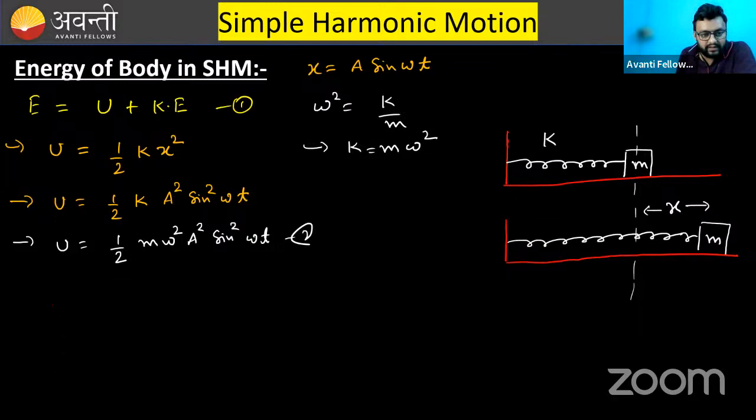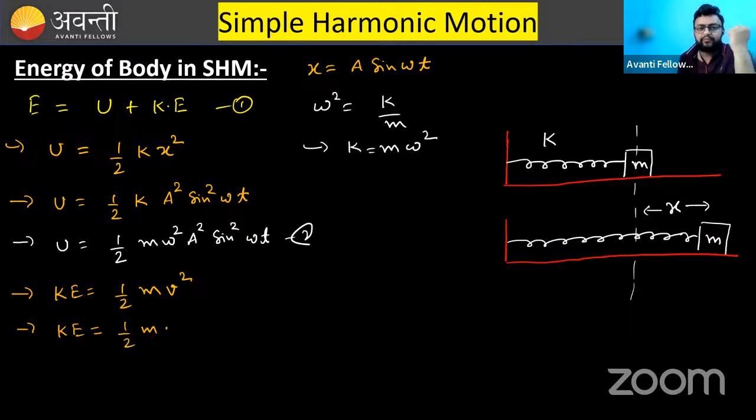Now again we will calculate kinetic energy. Kinetic energy is half m v square. Is it clear? Now I will put the value of v here. So kinetic energy will become half m, v is what?